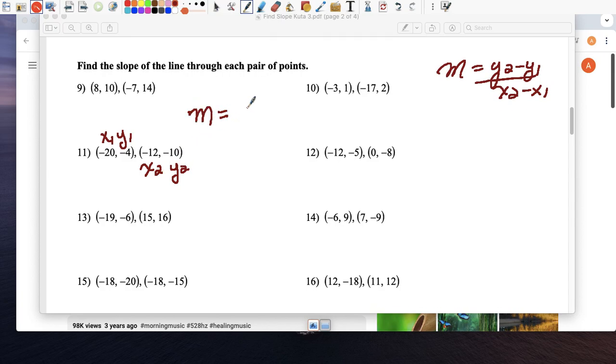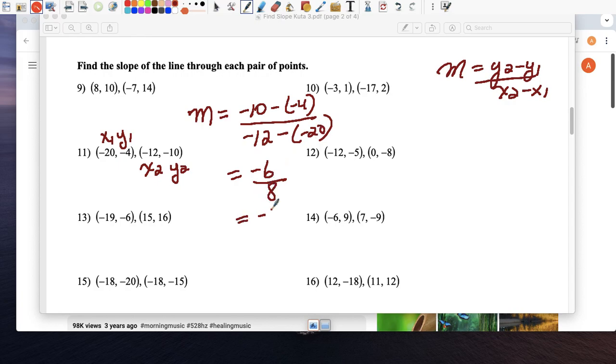M equals y2, which is -10, minus y1, which is -4, over x2, which is -12, minus x1, which is -20. -10 minus -4 is the same thing as -10 plus 4, which is -6. -12 minus -20 is the same thing as -12 plus 20, which is +8. Simplify that, we get -3 over 4. And if you were to graph this, it would look like a line going down because it's a negative slope.